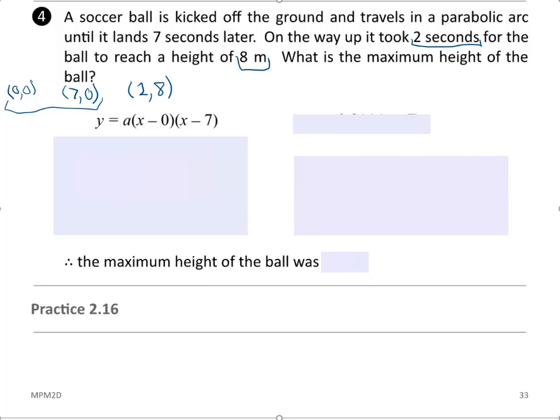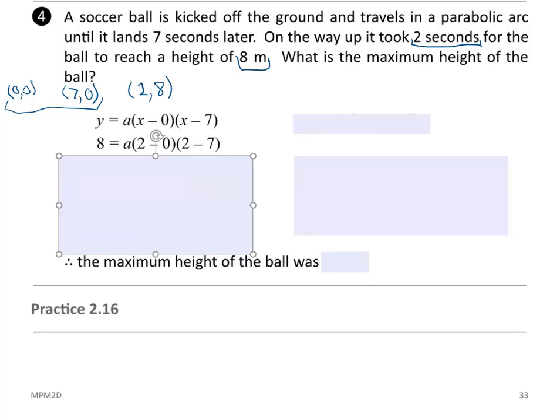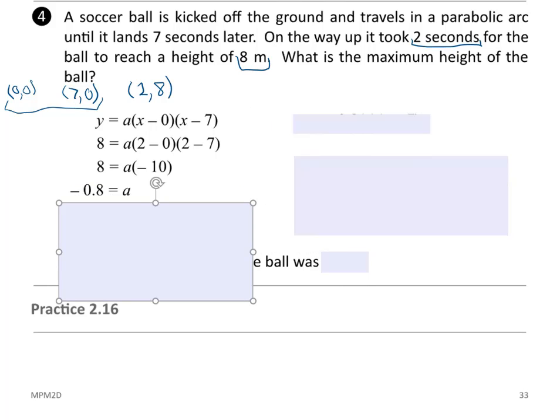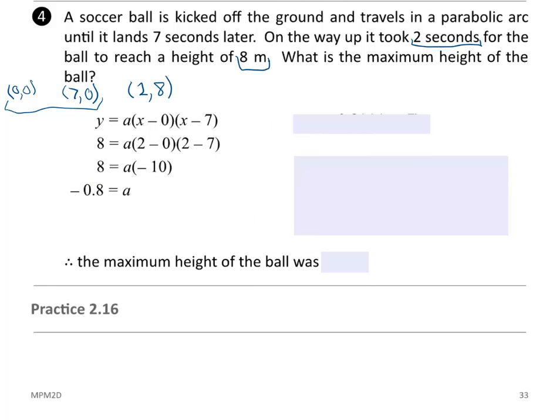Next, we're going to sub in this point 2, 8. So 2 for the x value, 8 for the y value. And then we're going to solve for a. So you're going to get 2 in this bracket, and then you're going to get negative 5. So you'll have negative 10a is equal to 8. Divide both sides by negative 10. You should get negative 0.8 is equal to a.